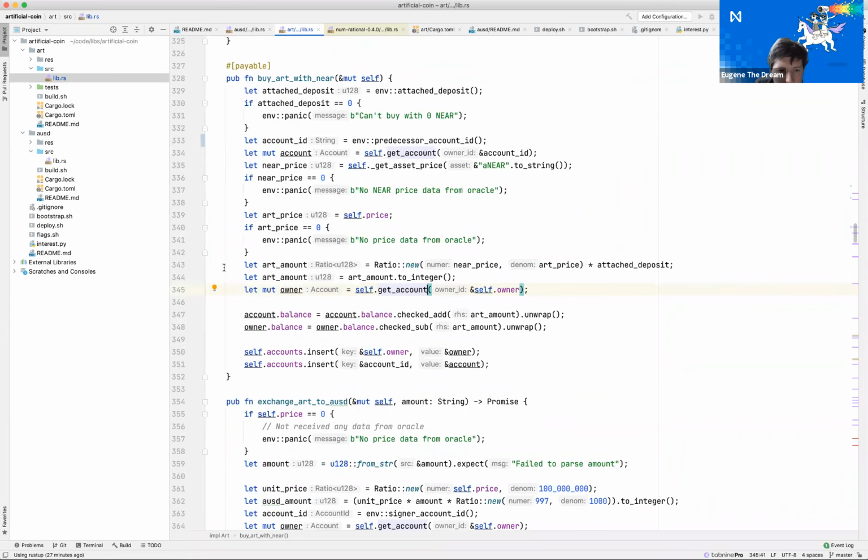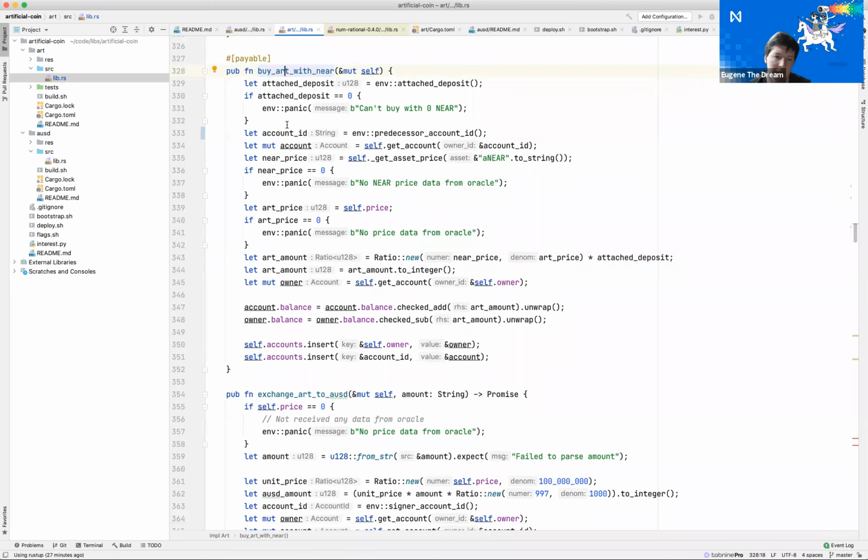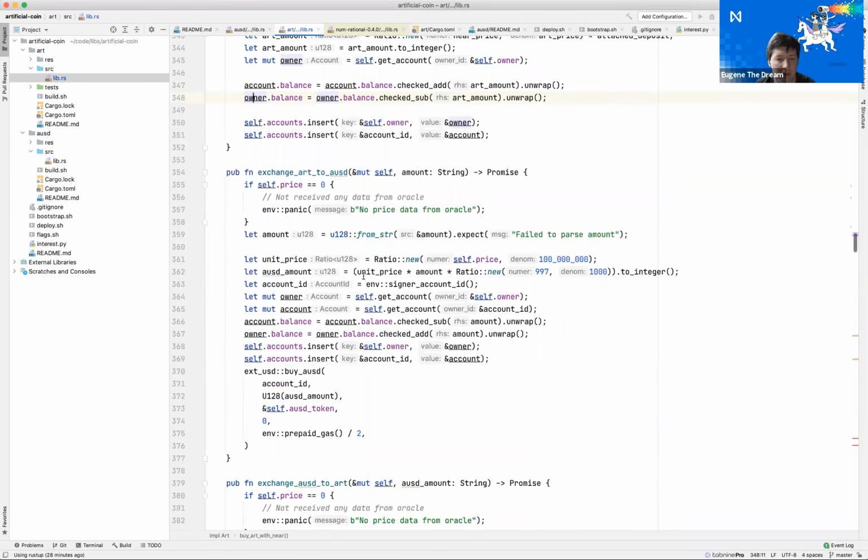What we need to look at here is we don't really track the attached deposit. So if you sell art for near, and there's a price fluctuation, you can potentially run out of the owner's balance of near, but I guess we don't have it.